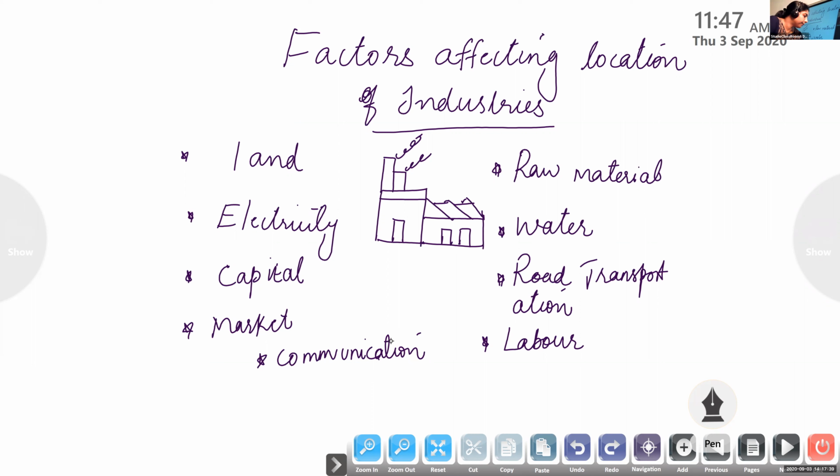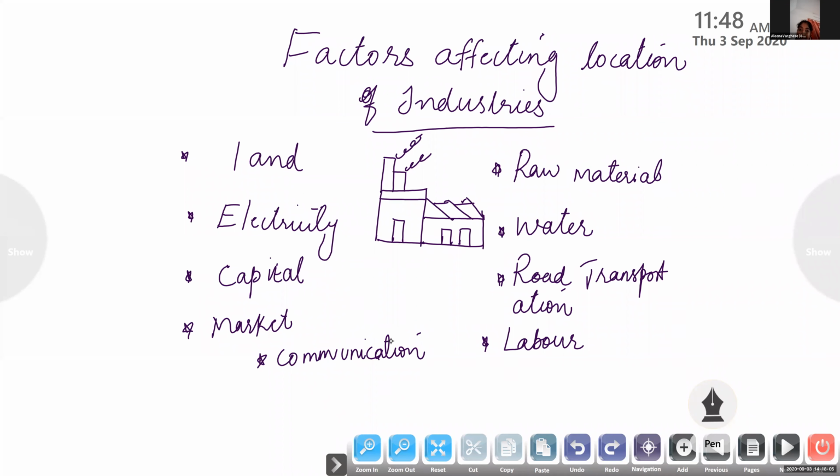Clear? Alina, can you explain what are the factors affecting location of industries? Land, electricity, capital. Capital means? What is capital here? Money. Yes.